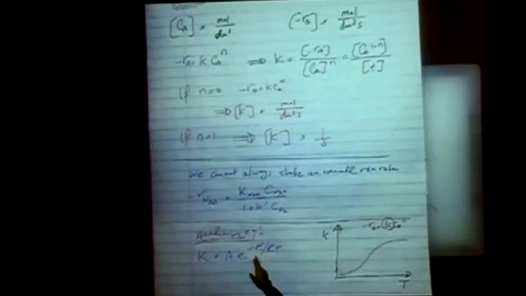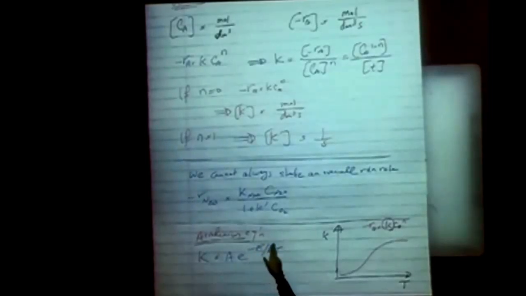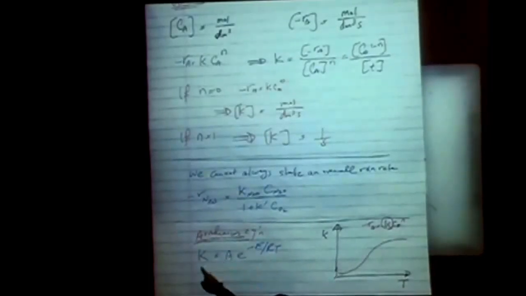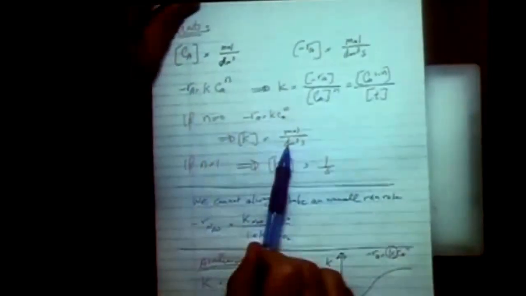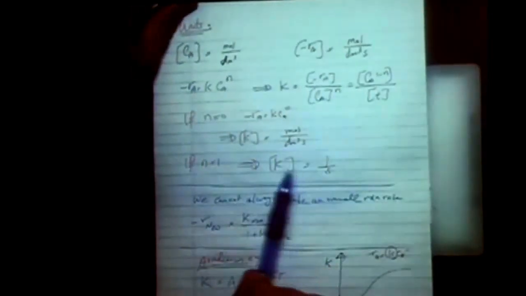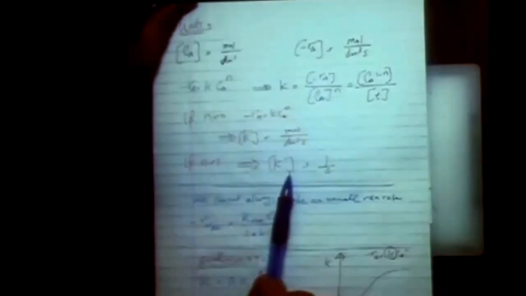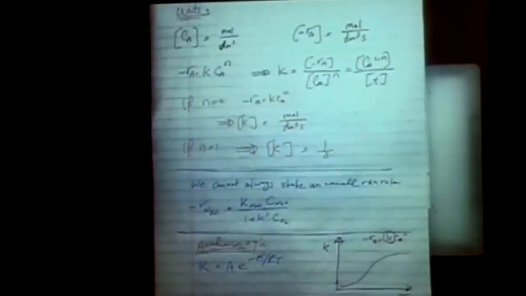In other words, E has the unit of RT, which is energy, the activation energy, and A has the unit of k. And k has what unit? Again, if you get back to the last lecture, the unit of k depends on the order of the reaction. We don't have a constant unit for k, so it changes. Correct?